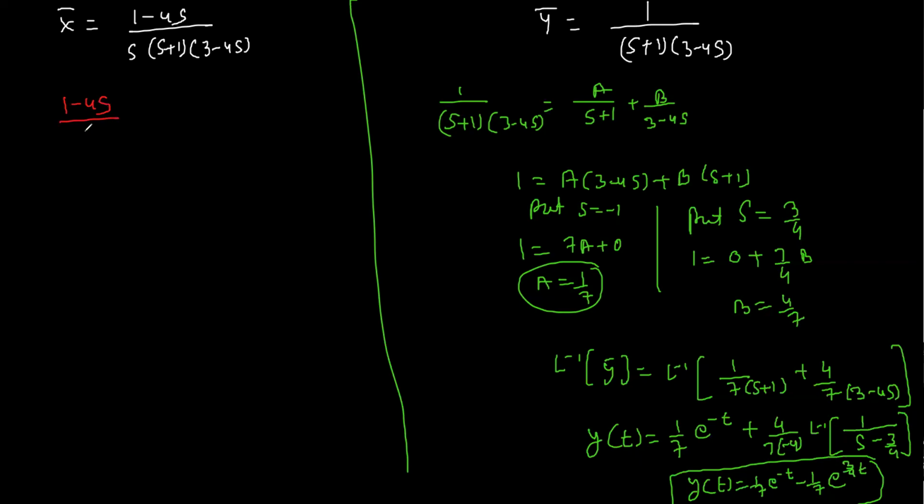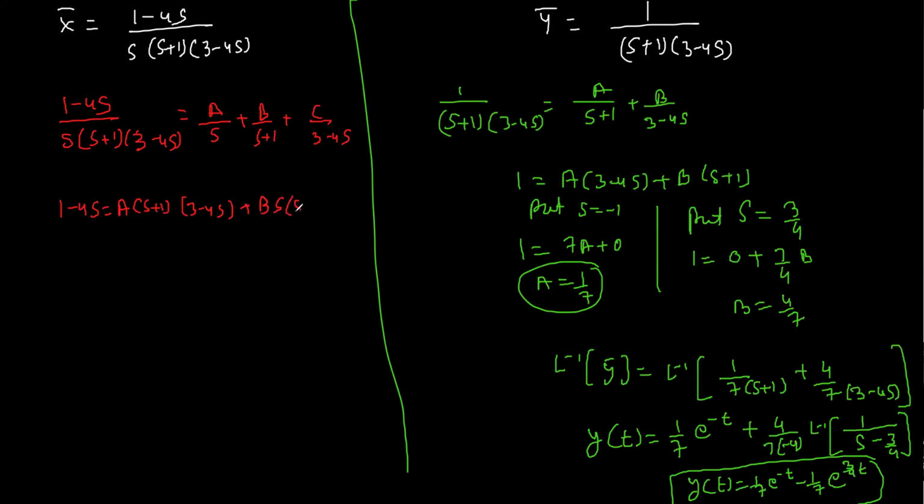First we find partial fraction. A is multiplied with s plus 1, 3 minus 4s. B is multiplied with s, C is multiplied with s. Okay. So put s is equal to 0.